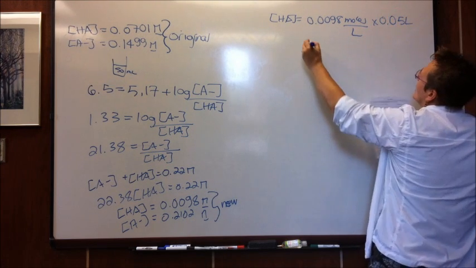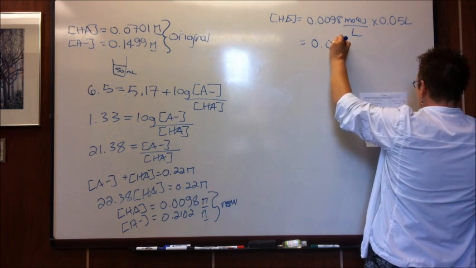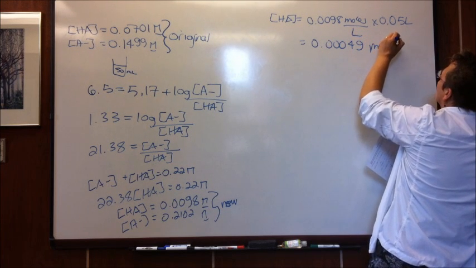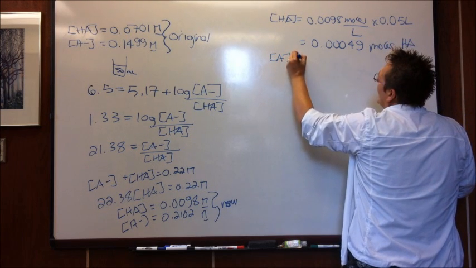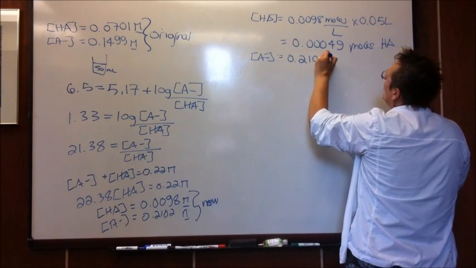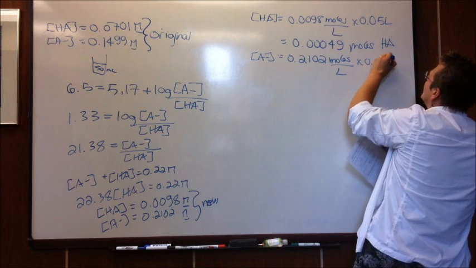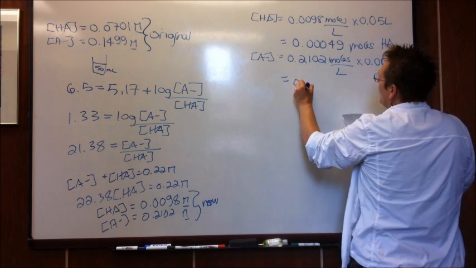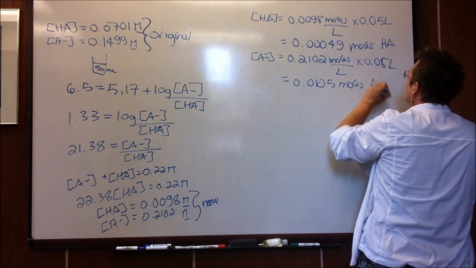It's a 50 ml aliquot, which means that we only have 0.00049 moles of HA. You really got to watch your zeros in these questions. With the A minus, we have 0.2102 moles per liter times 0.05 liters gives us 0.0105 moles of A minus.